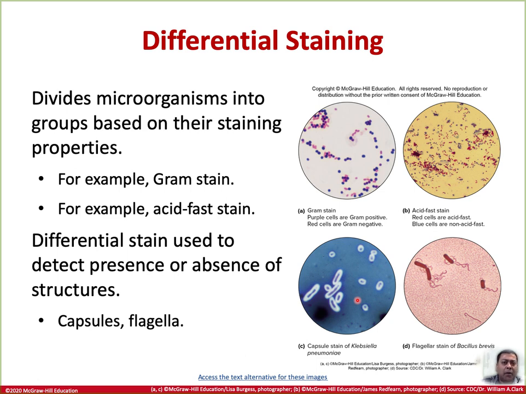So it is not positively charged, not negatively charged, so it is not attracted by the positive dye or the basic dye. And that's the reason it remains colorless, whereas the bacteria, being totally negatively charged on the surface, is stained by the basic dye, and the glass slide, being positively charged, is stained by the acidic dye, which is negatively charged. So that's basically the principle of negative differential staining.